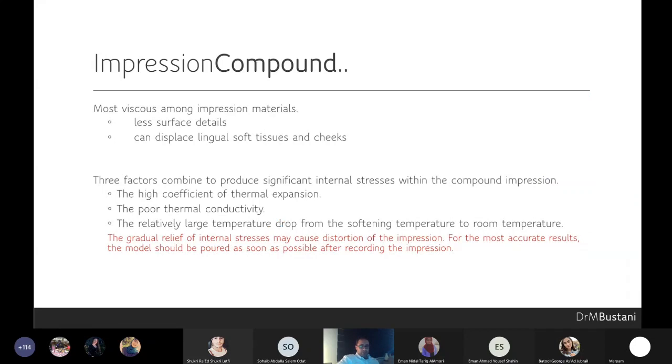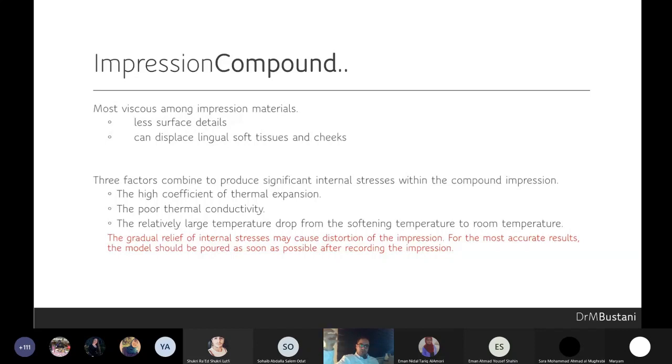Sorry, this is a dense slide, but I just want to highlight these 3 points. You'll be asked a lot about these 3 the following year, most probably. When you take the impression compound out of the patient's mouth, it will have lots of internal stresses because it has a high coefficient of thermal expansion, in addition to a poor thermal conductivity and a large drop from the temperature inside the mouth to room temperature.